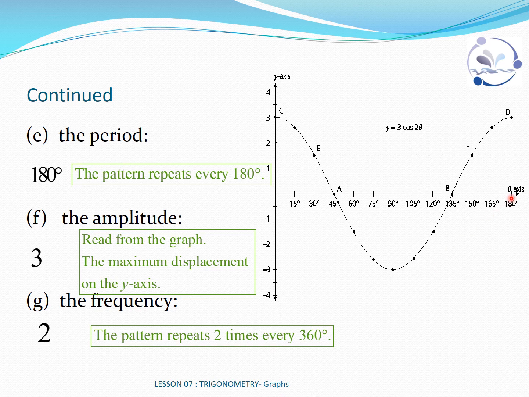If we extend this, it will have repeated itself. It repeats the pattern again. So it will be 2 times every 360 degrees. So you'll just have to double this. Remember, 2 times 30, 2 times 60, so everything will be doubled. I guess you get the picture of what is happening.